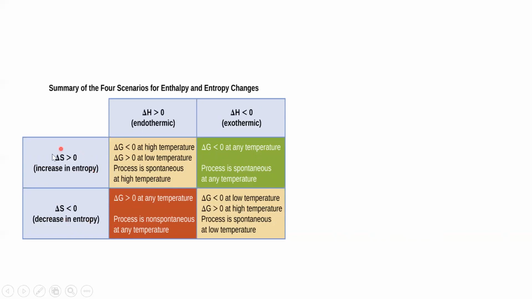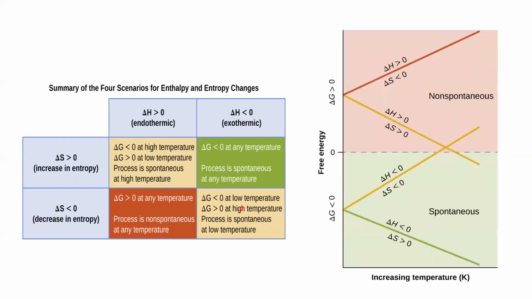But if the entropy is favored and the enthalpy is not favored, the only time it will be spontaneous is at higher temperatures. And if the entropy is not favored, but the enthalpy is favored, the process will be spontaneous at lower temperatures.